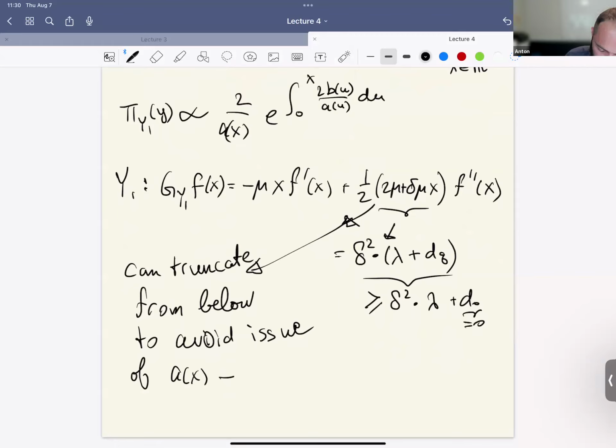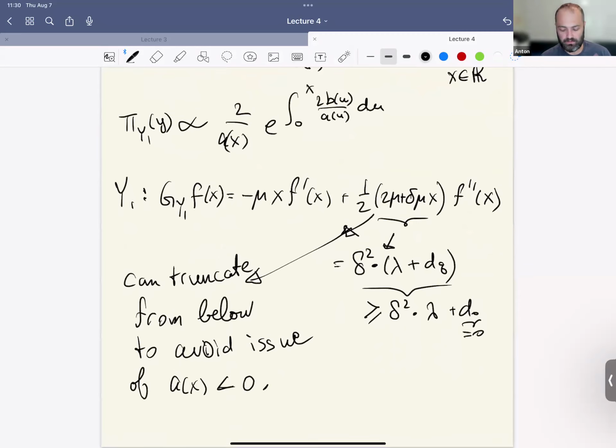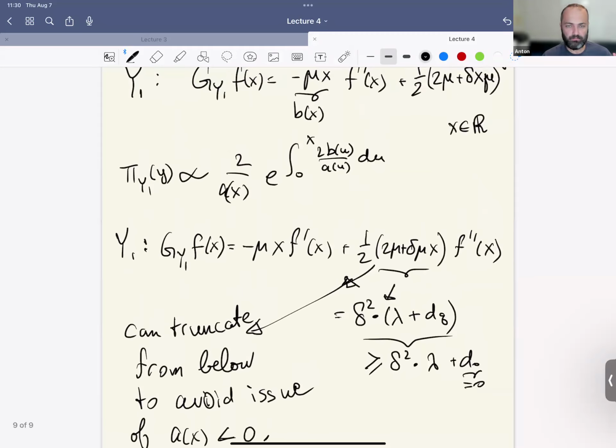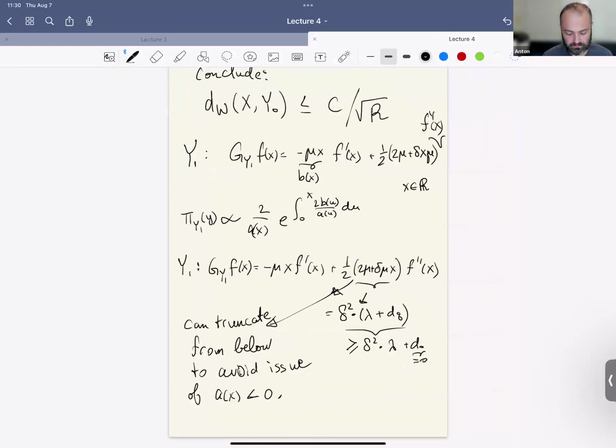And it's not really negative infinity, it's less than 0. So it's a straightforward truncation. It's a minor detail. It's not worth wasting time over it right now.